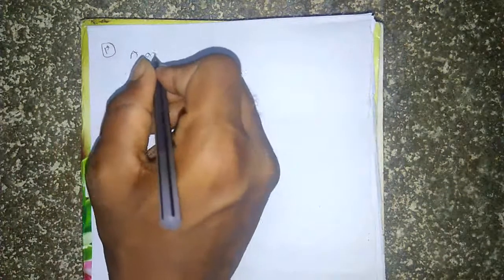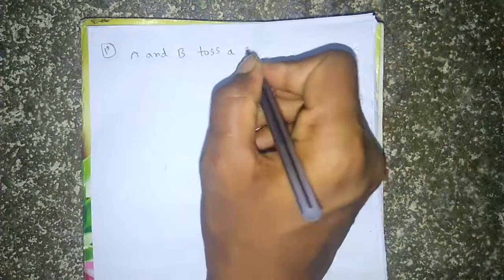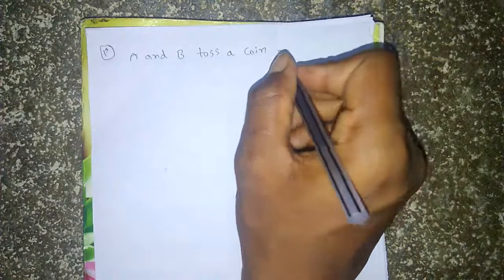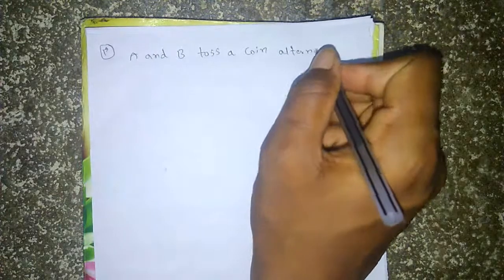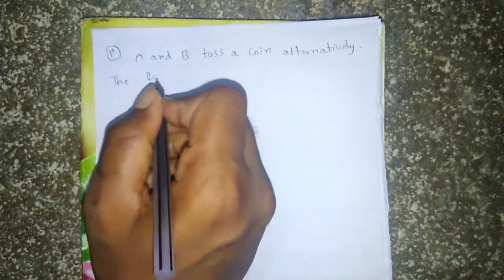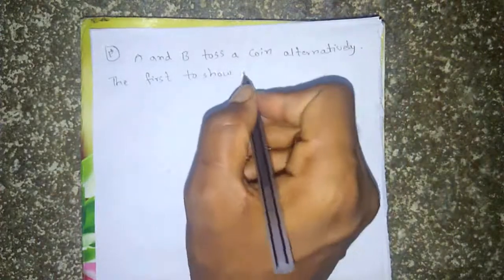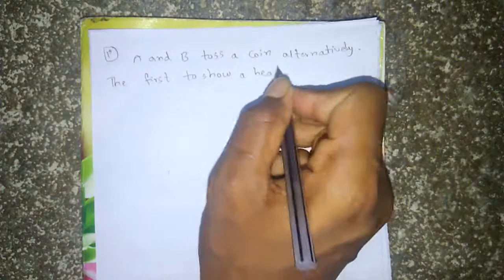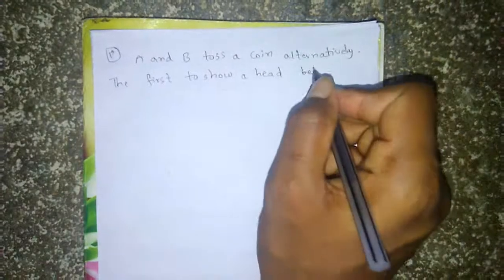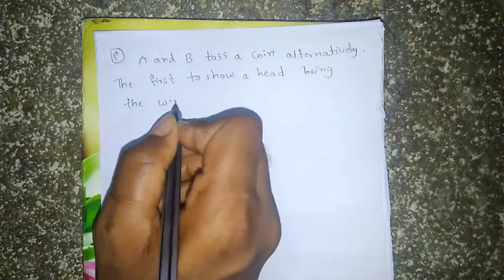A and B toss a coin alternately. The first to show a head being the winner.